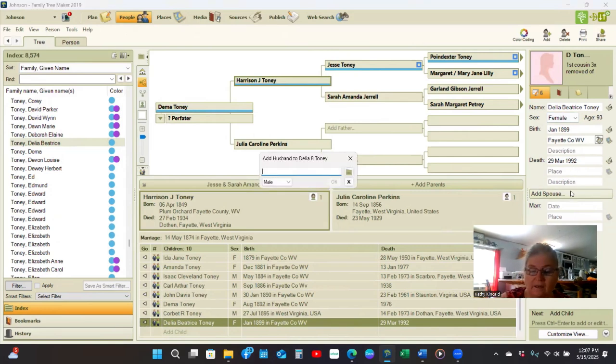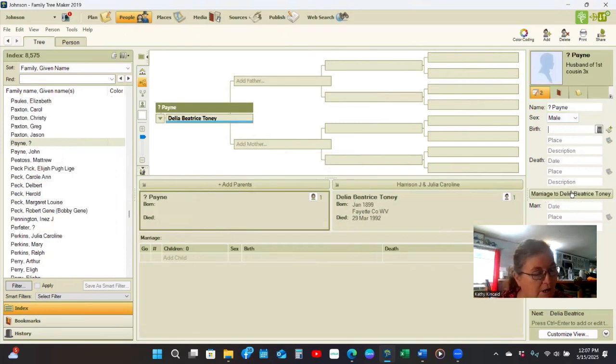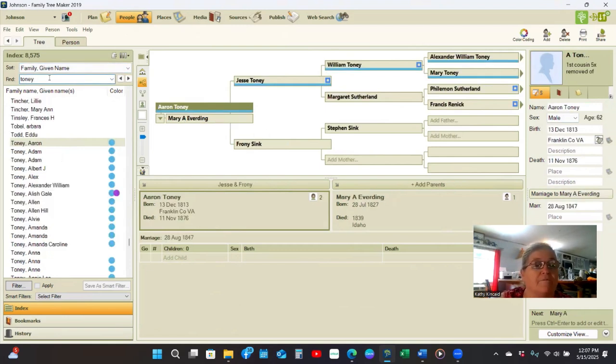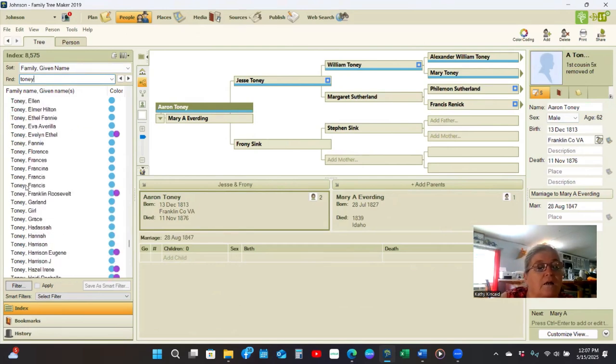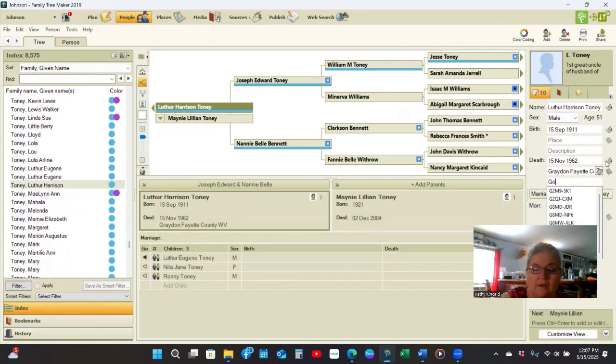And she married a Payne. All right, guys, I got one more to go in, and we're going to be looking up Luther Harrison Tony. There he is. And he was born in 1911, died in 1962, and is buried at the Good Hope Cemetery.